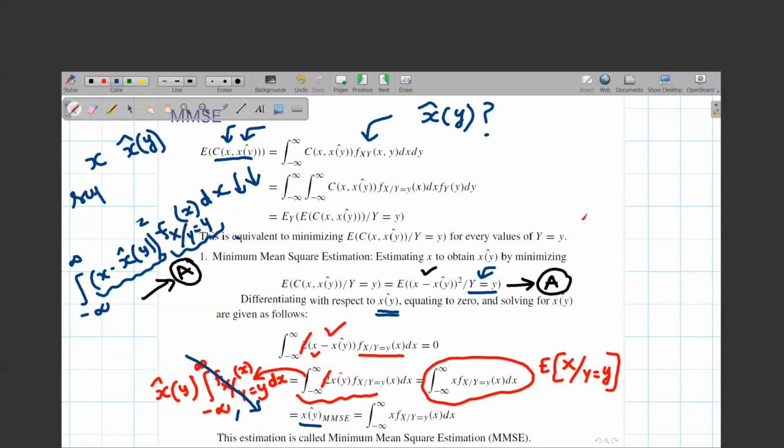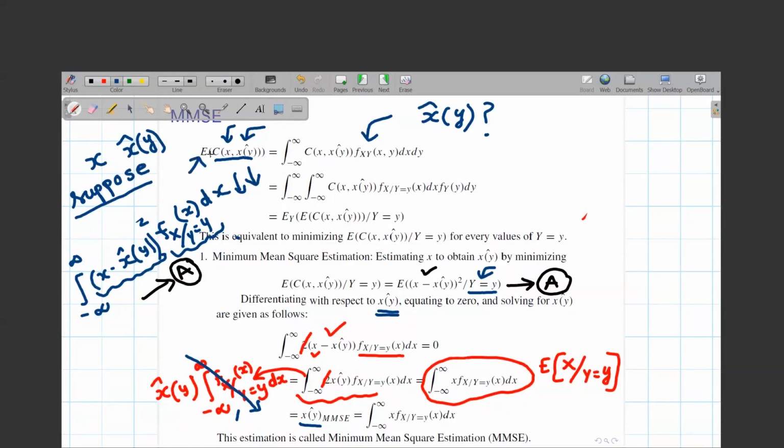Suppose if you are estimating x as x cap of y, then the cost involved in doing this estimation is this expectation.